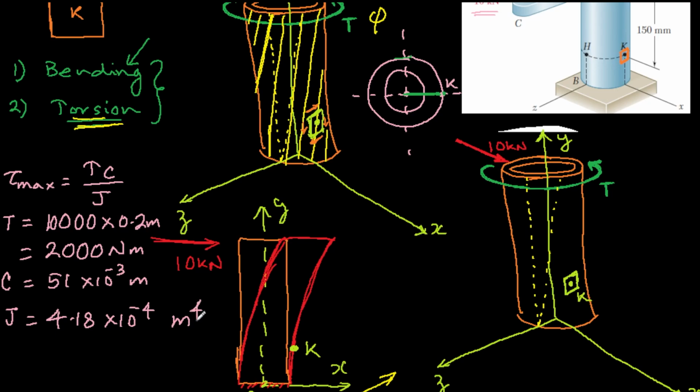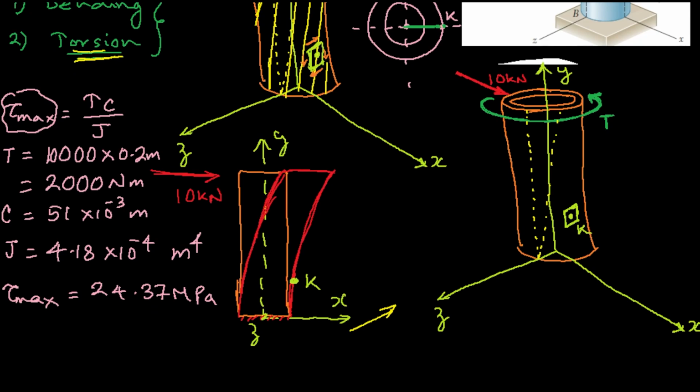Fine. Now with these values you can calculate the value for tau max, and it should come out to be 24.37 megapascal. Okay, just check it after you calculate. You should check this.